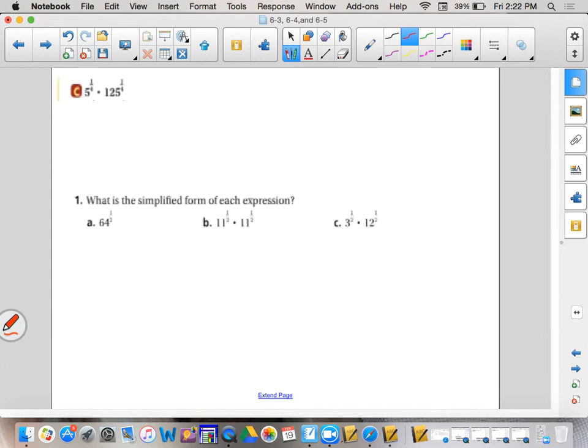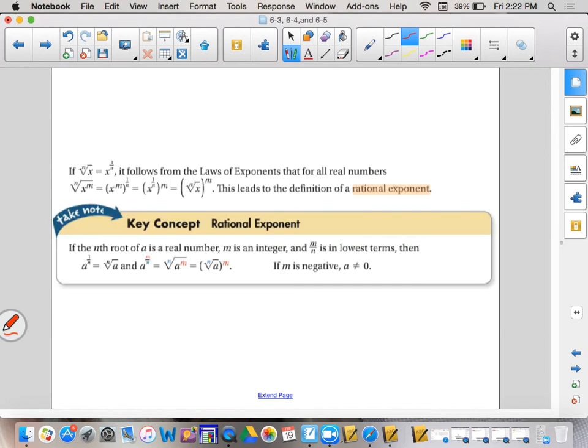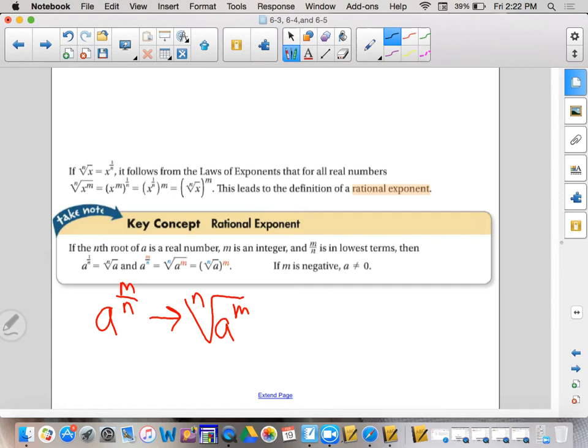Okay, so the next thing is something we talked about last time. I gave you this last time. Do you remember talking about this a little bit? So we're fixing to learn how to take an exponential form and put it into a radical form.